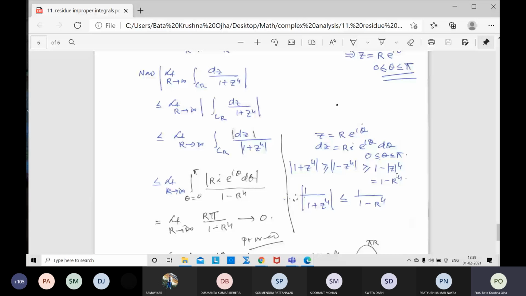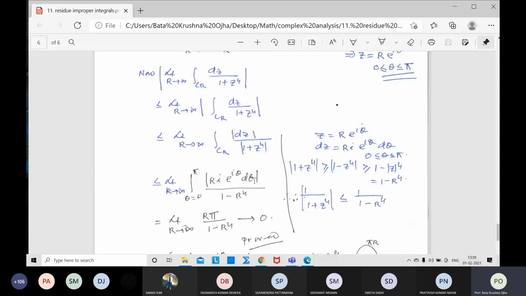If you take the reciprocal, it is less than or equal to 1 by 1 plus r to the 4. The mod of dz is equal to only r times d theta, and the integral of d theta is the length of the semicircle, which is pi only. So r pi by 1 plus r to the 4, when r tends to infinity, the result is 0.